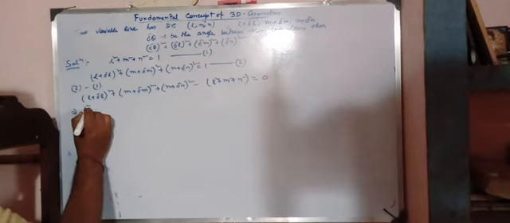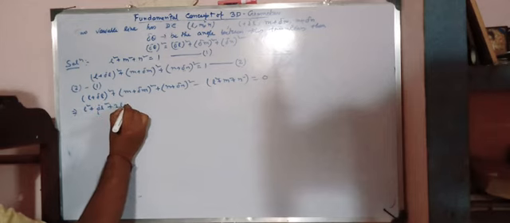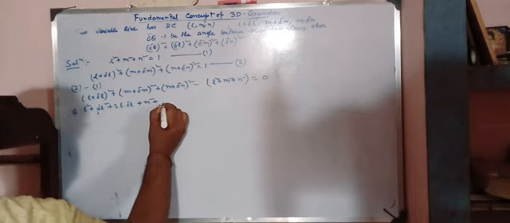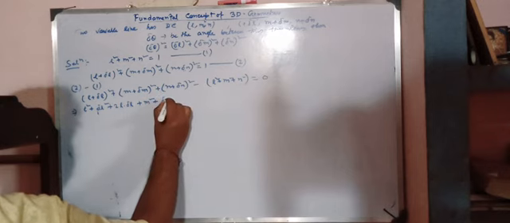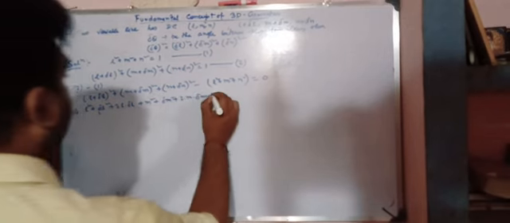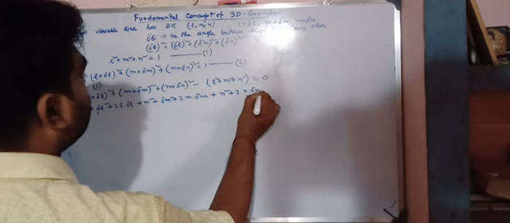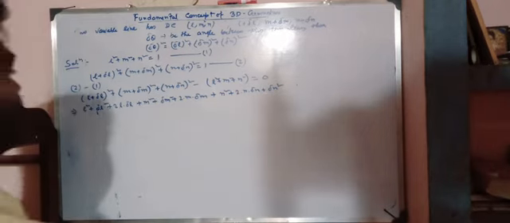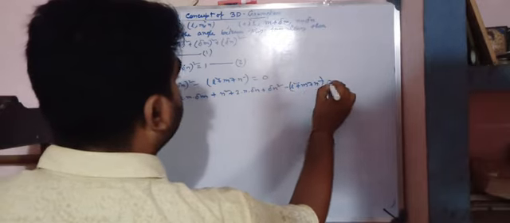From the calculation, l square plus delta l square plus 2 l delta l, plus m square plus delta m square plus 2 m delta m, plus n square plus 2 n delta n plus delta n square, equals minus l square plus m square plus n square, which is 0.